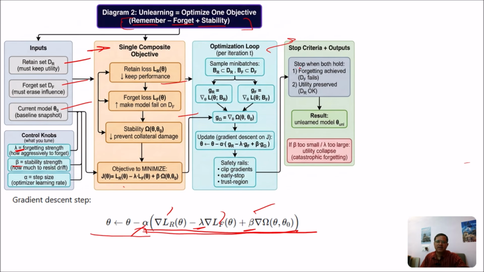Based on that, you can set your stopping criteria: you can stop when forgetting is achieved, meaning what you wanted to forget is forgotten, what you wanted to retain is retained, and your model is stable enough. And for this you can apply gradient clipping, early stopping, and trust region based approaches, and then you will get results.